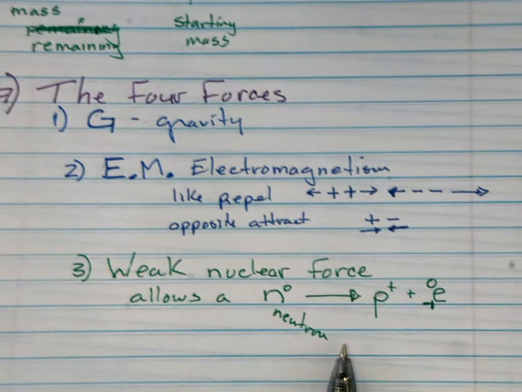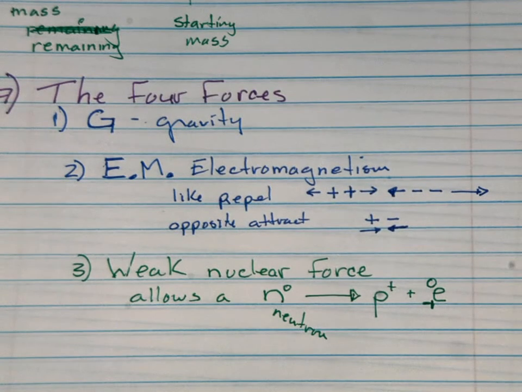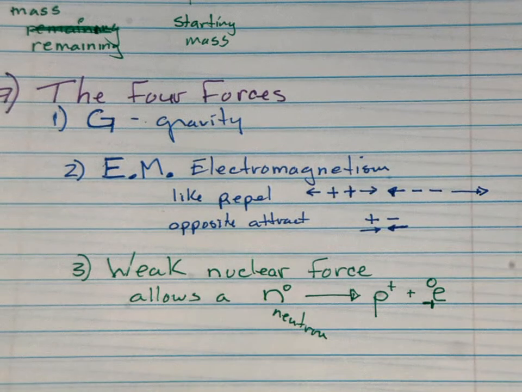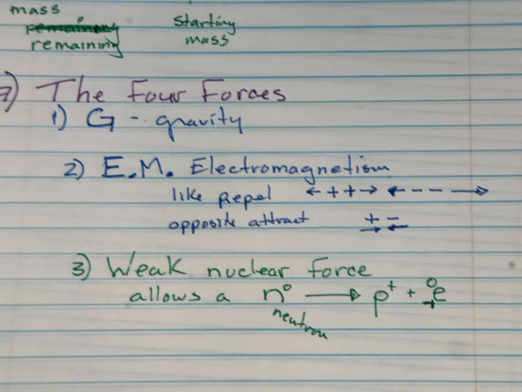So as far as it applies for us, this is one of the forces that allows nuclear reactions to occur, and they call it the weak nuclear force. So there's the third of the forces in the universe.